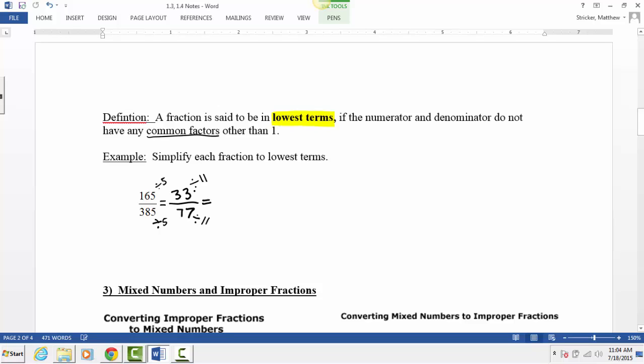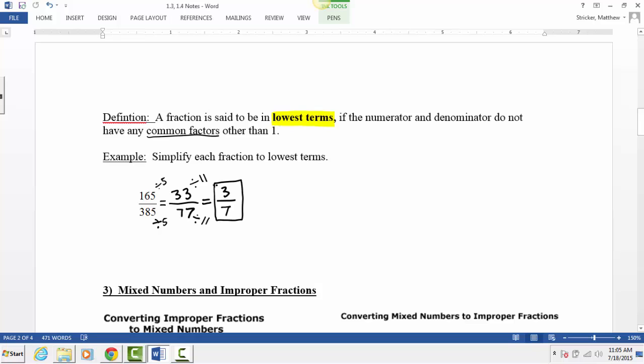So if I divide 33 by 11, I get 3, and if I divide 77 by 11, I get 7. Now we recognize that these are both prime numbers, so this is as far as we can reduce. We get 3 over 7 as the fraction reduced to lowest terms.